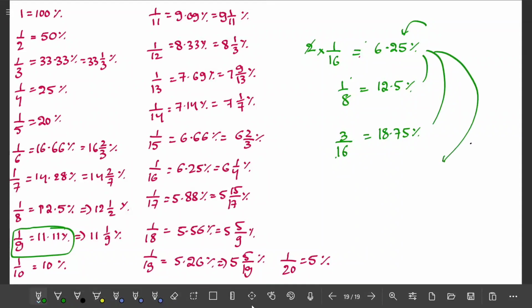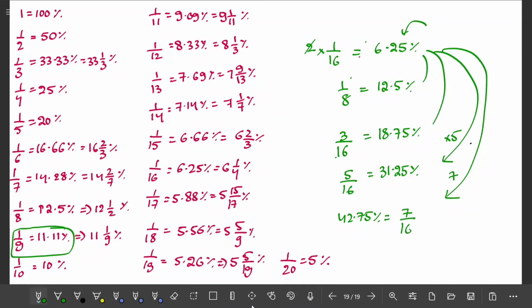If I do the same thing with 4, it gives us 25%. 25%, however, we know is 1 by 4. And if I do the same thing with 5, it is 31.25%. This gives us 5 by 16. And if I do the same thing with 7, 43.75%, which is 7 by 16. These are the most important values.